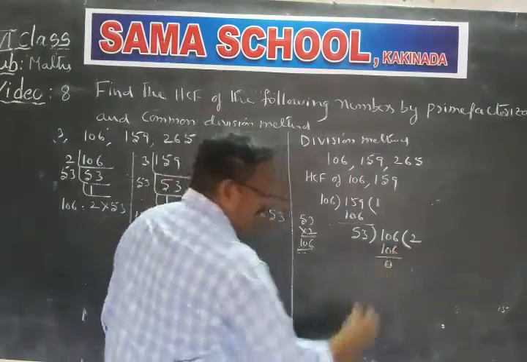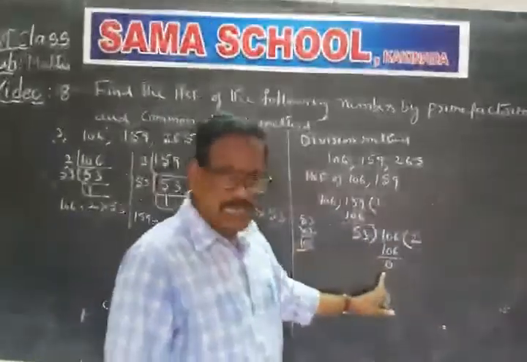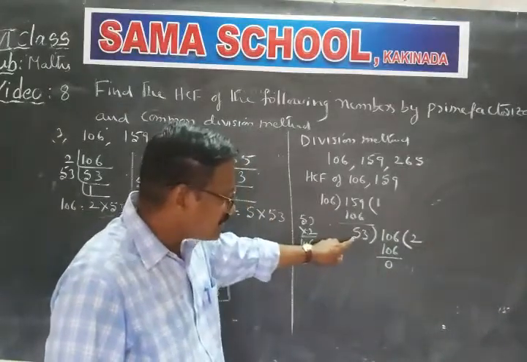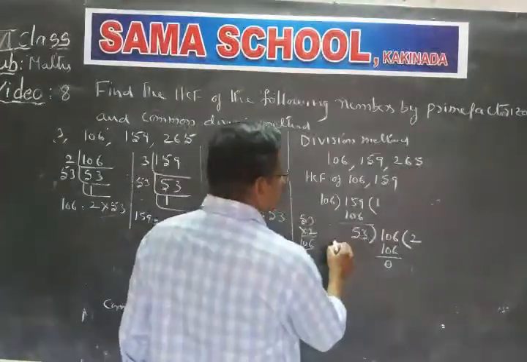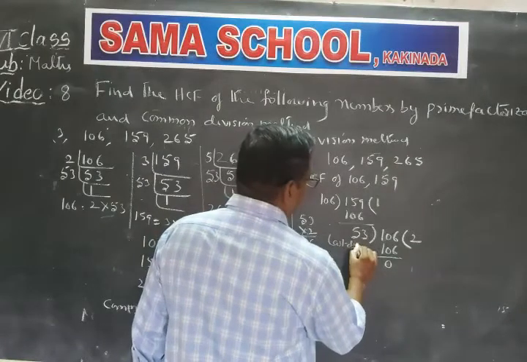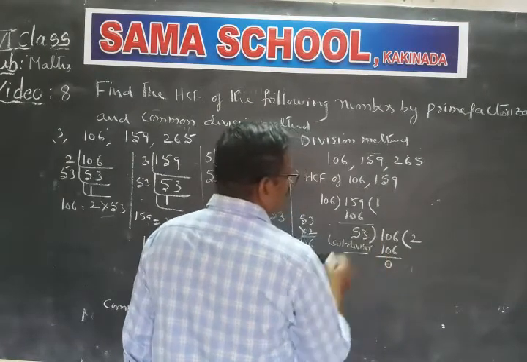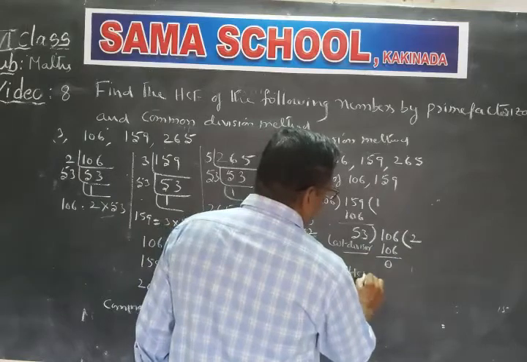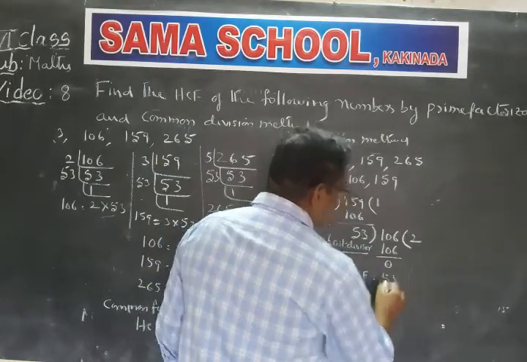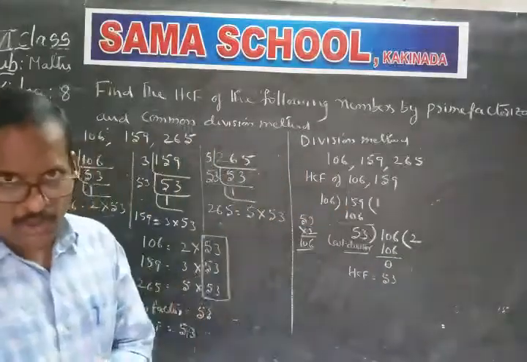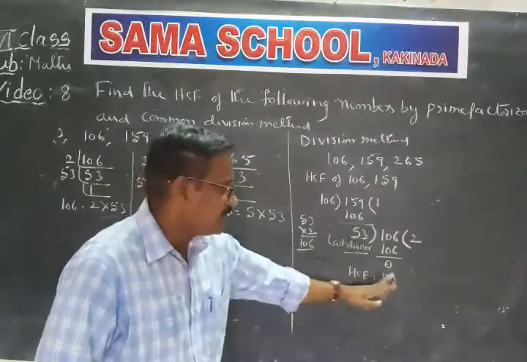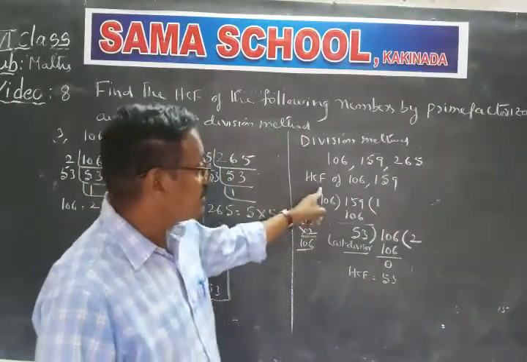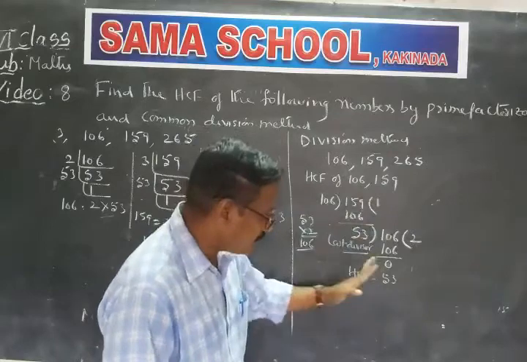We get remainder 0. What is the last divisor? The last divisor is 53, so the HCF is 53. This is the last divisor before the remainder is 0. So the HCF of 106 and 159 is 53.